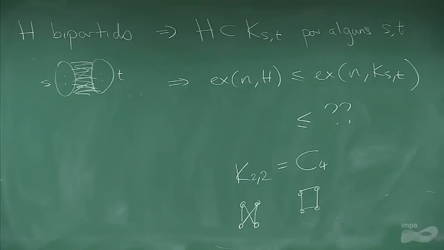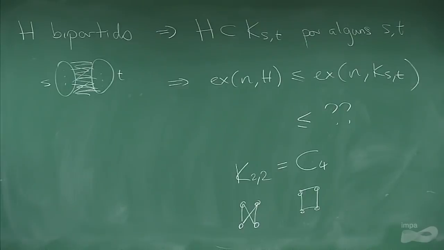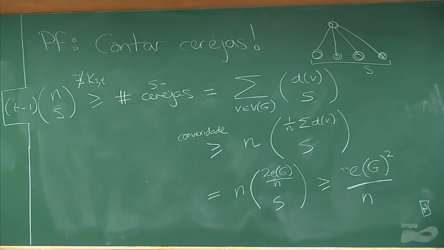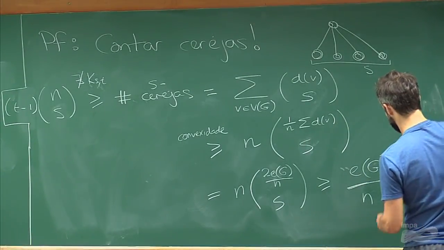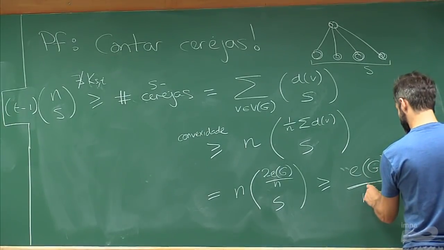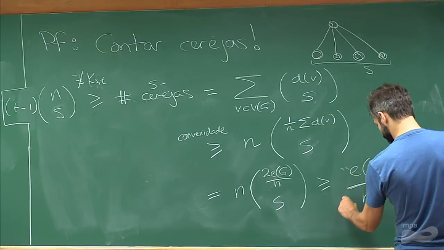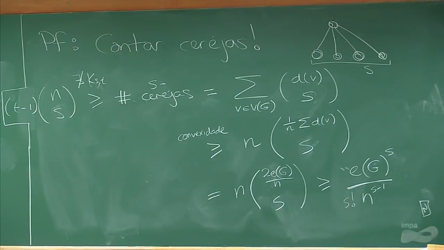Apologies. Right, this is at least, by convexity, this thing to the S, which is at least this to the S over n to the S minus 1. Maybe I've got to put an S factorial or something here. Okay, some constant.